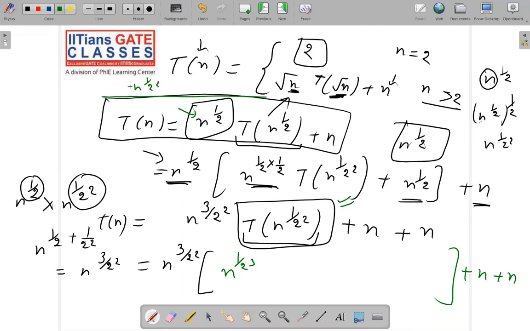Right? So this will become like this, and the power will be (1/2)^3. Right? T. Okay. So what is this term? (1/2)^2. Okay. So now let's solve this problem in the next step.